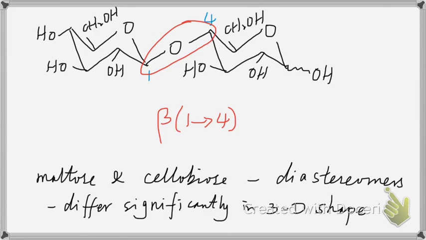One is alpha, the other is beta. They are diastereomers, but they differ significantly in three-dimensional shape in space. So they have different properties, and an enzyme that can hydrolyze the alpha 1,4 linkage cannot hydrolyze the beta 1,4 linkage. We will revisit this concept later.